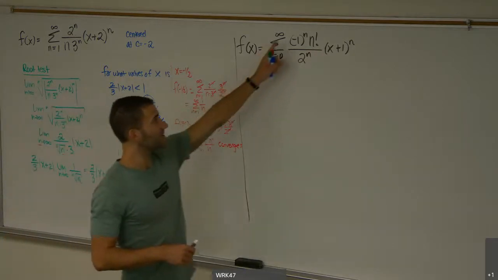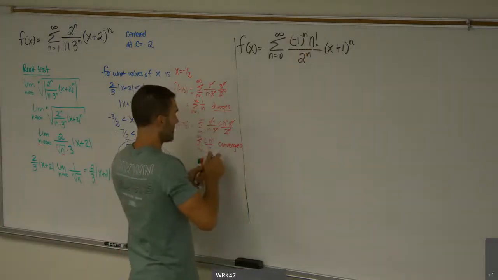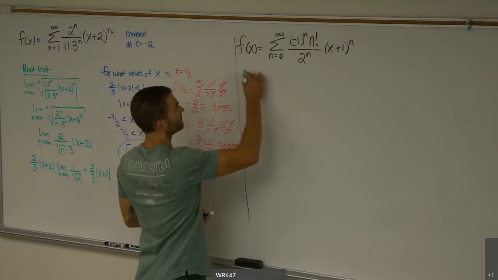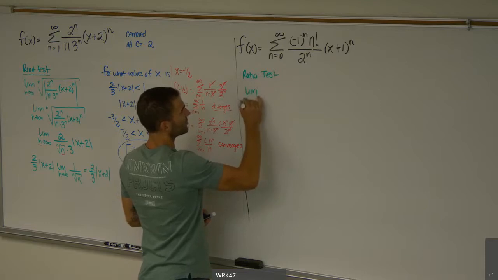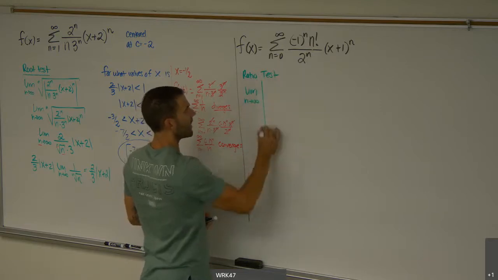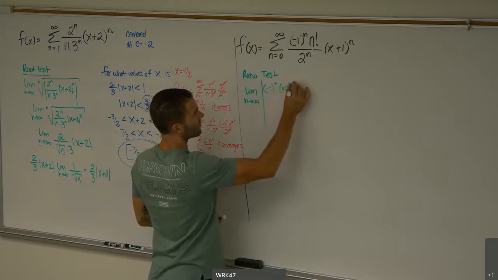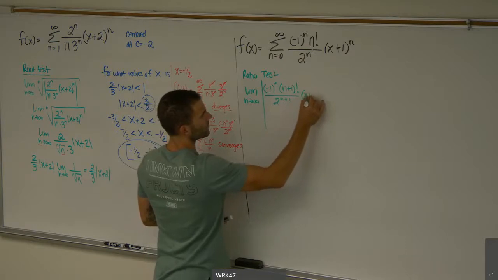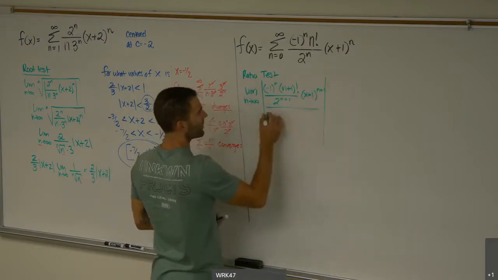In this case, because of the construction of this power series, I'm forced to use the ratio test. And so, ratio test here. The limit as n goes to infinity, absolute value of the n plus 1th term over the nth term.